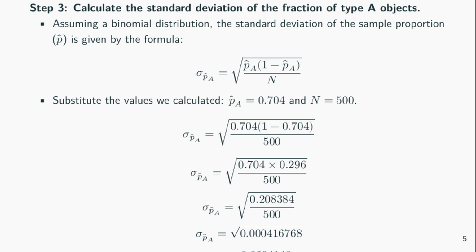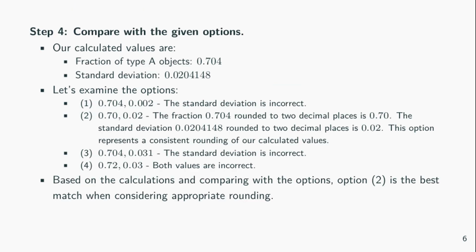So inside the square root we have 0.208384 over 500. Dividing 0.208384 by 500 gives us 0.000416768. Finally, taking the square root of 0.000416768, we get approximately 0.0204148.